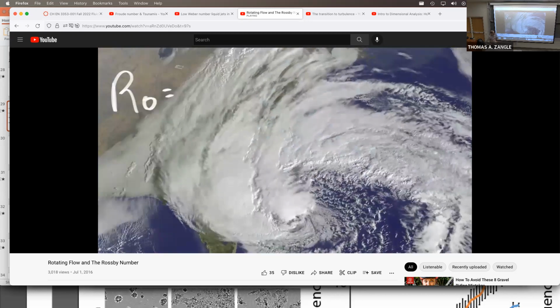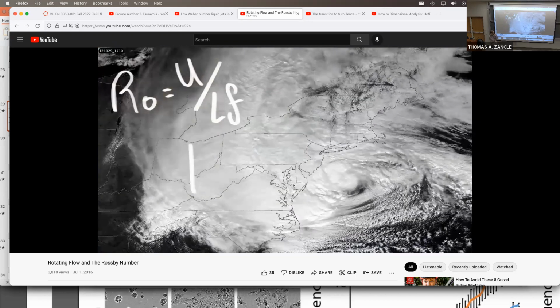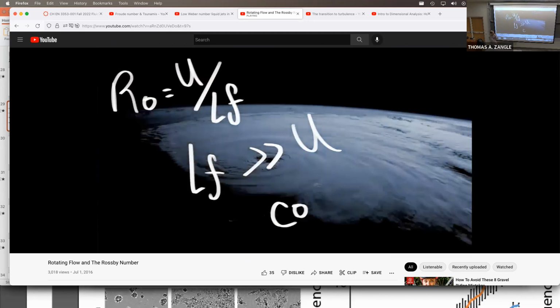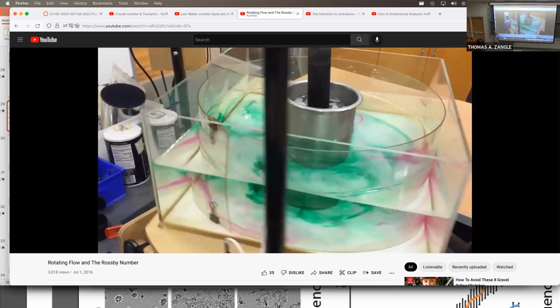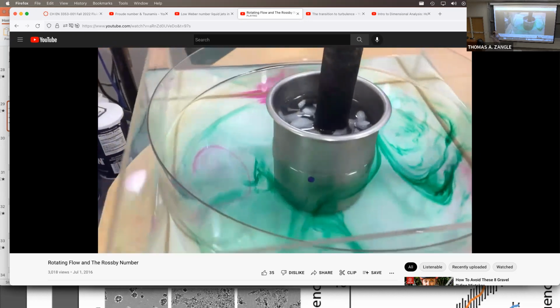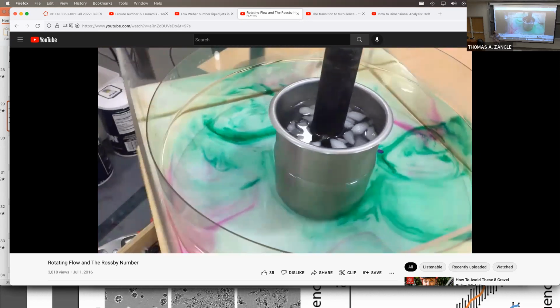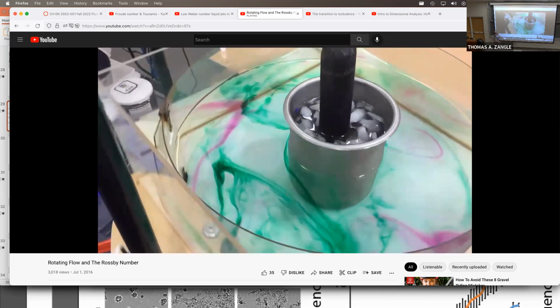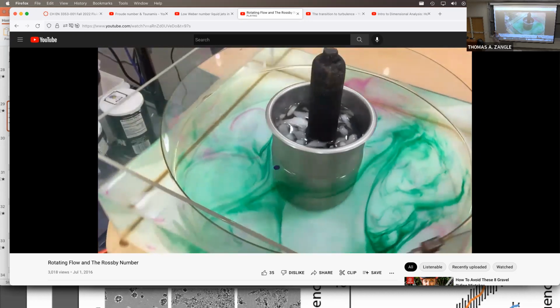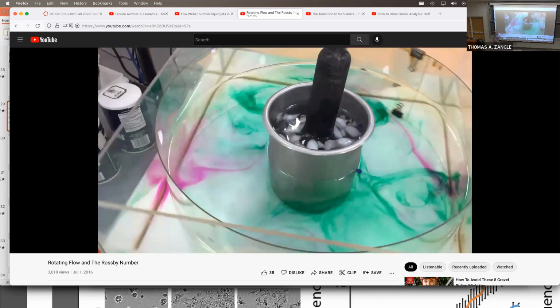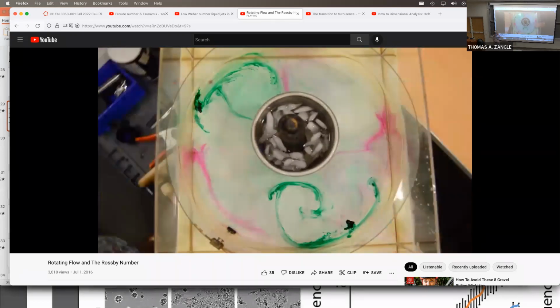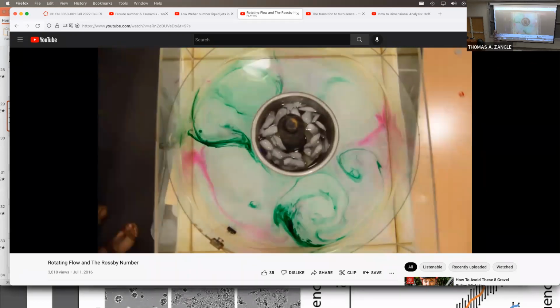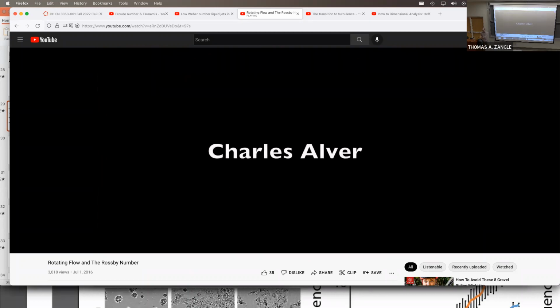A low pressure system, such as the atmosphere, has a low Rossby number, and the dominating forces are pressure forces and Coriolis. Our system is set up such that we have a slow moving flow in a tank rotating much faster, at 10 rotations per minute. This ratio of much smaller velocity to larger angular frequency tells us that our system is a low Rossby. And we see a Coriolis force is dominant in the formation of these large spirals relative to the size of the system.